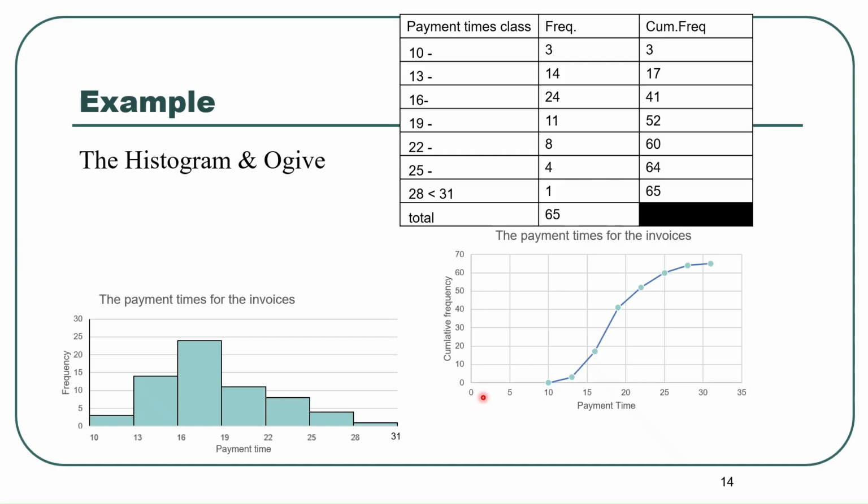Now let me go back here. I did begin, let me talk about that first. I did begin at upper boundary 10, but I don't have an upper boundary 10 because I didn't have any class before 10. But it's okay, I'm just going to begin at 10 and give it a cumulative frequency of 0 because none of my 65 were less than 10.